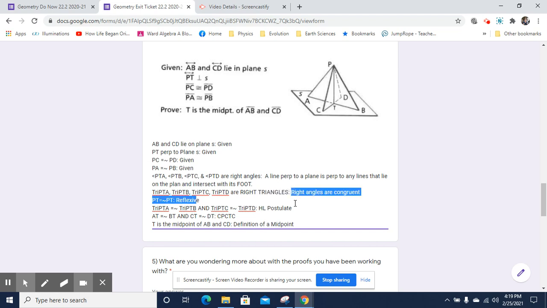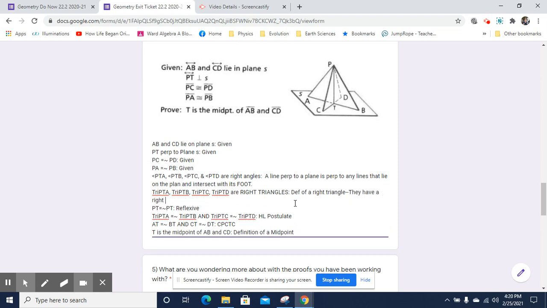Okay, and that'll be the definition of a right triangle. They have a right angle in each of them. All right, and so there we have it.